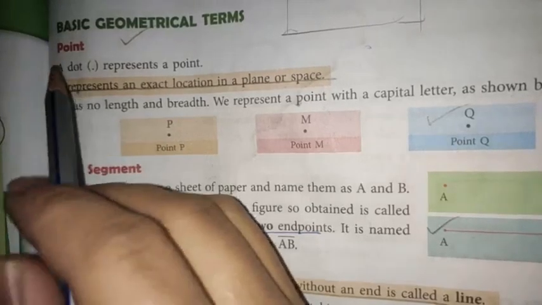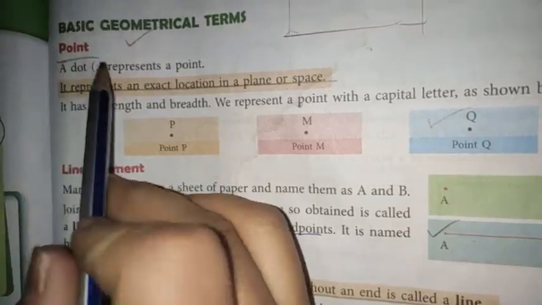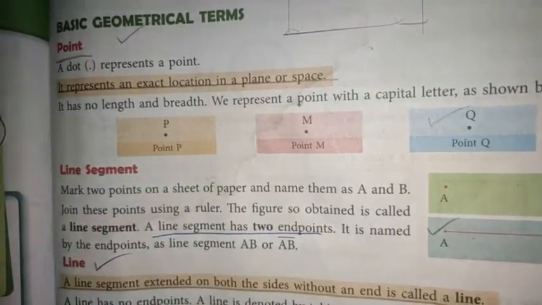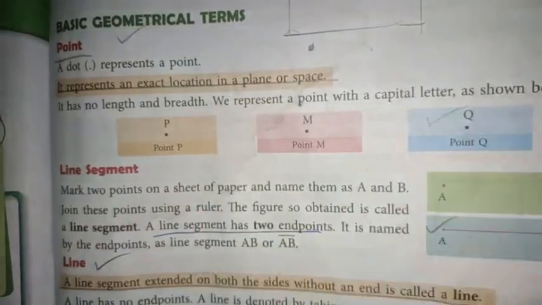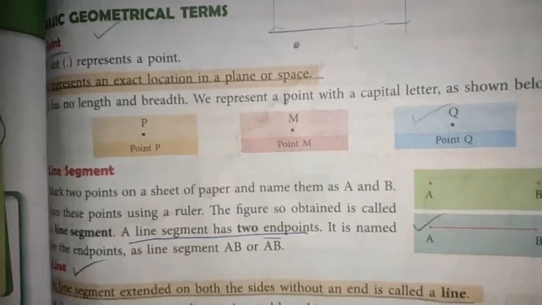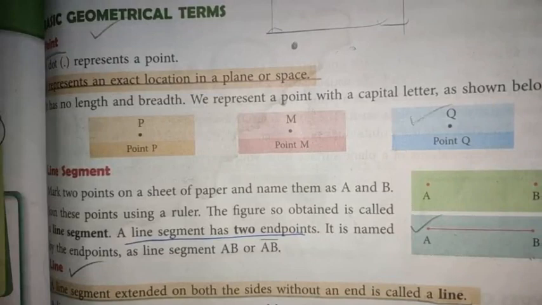So the first and foremost we have is point. From the very lower classes, from KG onwards, you have seen the dot like structure. I'll make this in my rough page here.